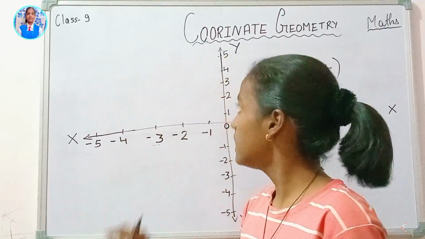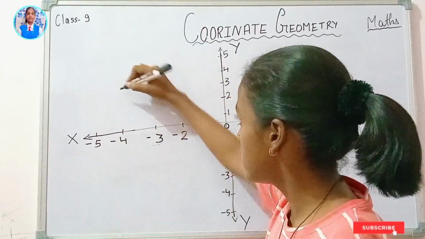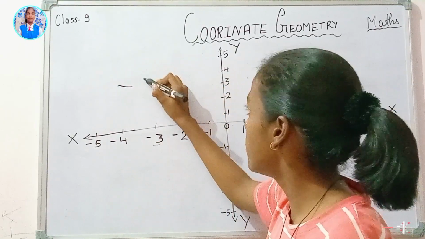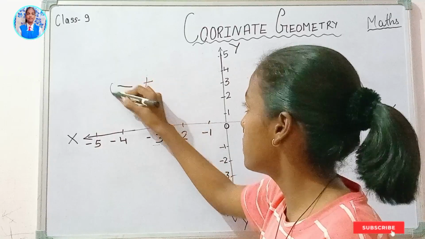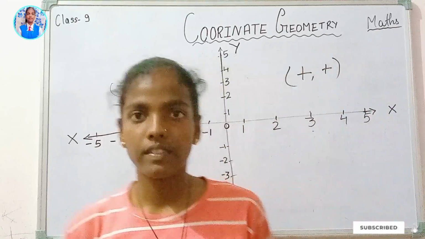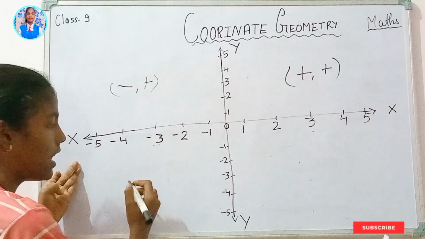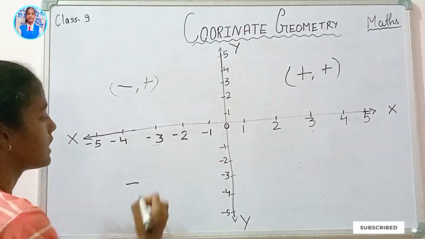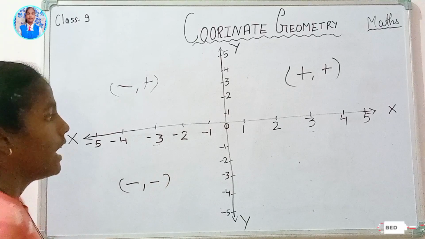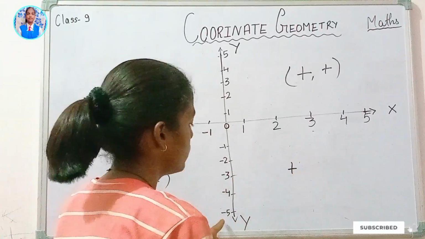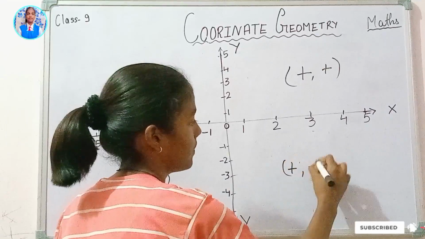And here in the second quadrant, the numbers in the x-axis are negative, and in the y-axis the numbers are positive. We will represent it like this. In the third quadrant, the numbers of the x-axis are negative and the numbers in the y-axis are also negative. In the fourth quadrant, the numbers of the x-axis are positive and the numbers of the y-axis are negative.